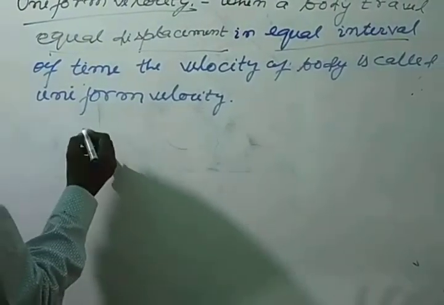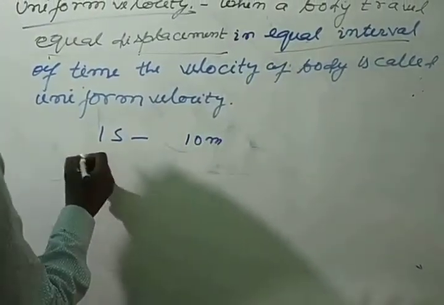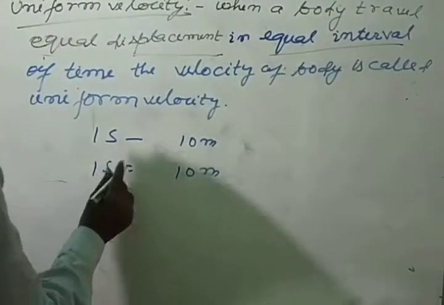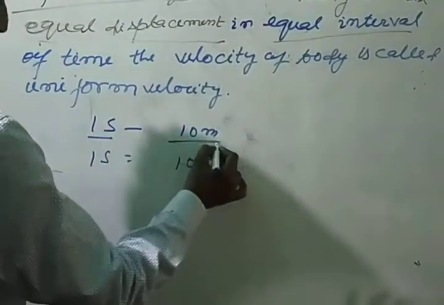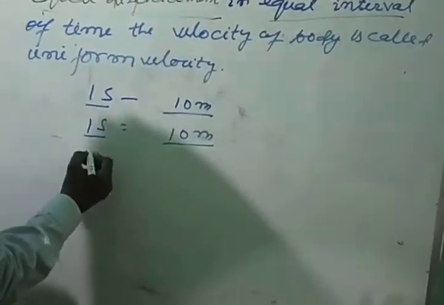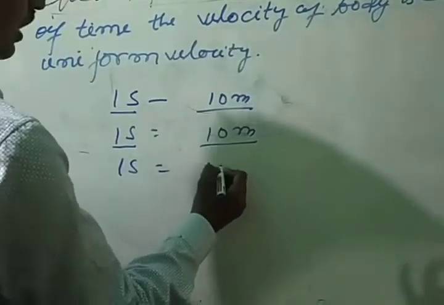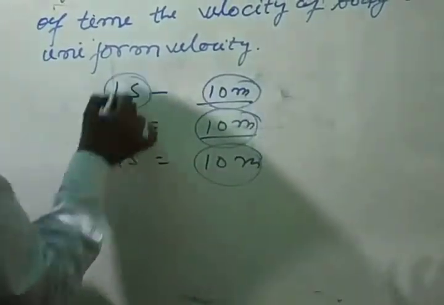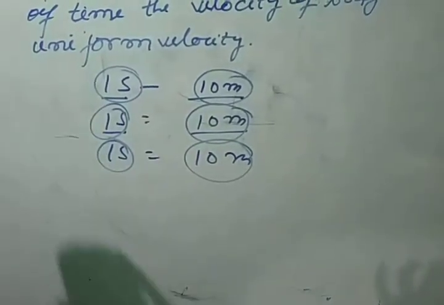As for example, if the displacement of the body in the first second is 10 meter, and in the next 1 second also 10 meter, and in the next 1 second 10 meter, here displacement is equal in every equal interval of time, so the velocity of the body is uniform velocity.